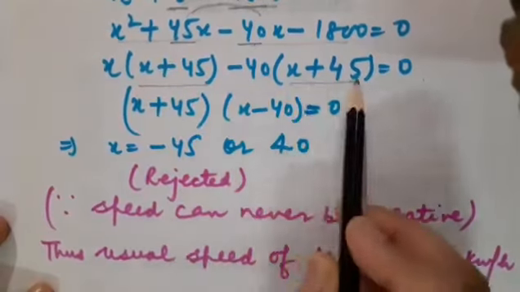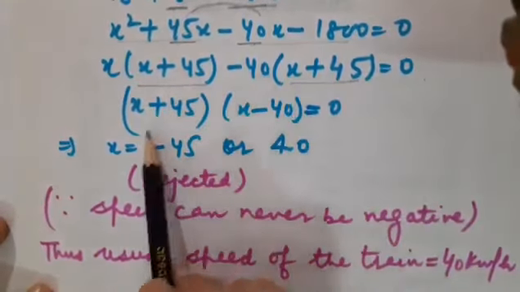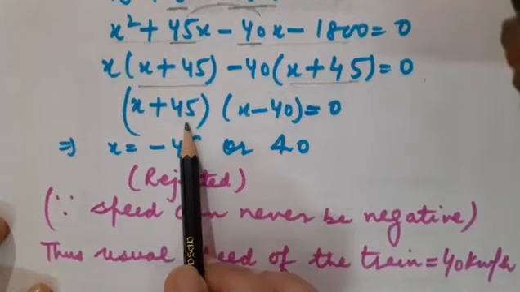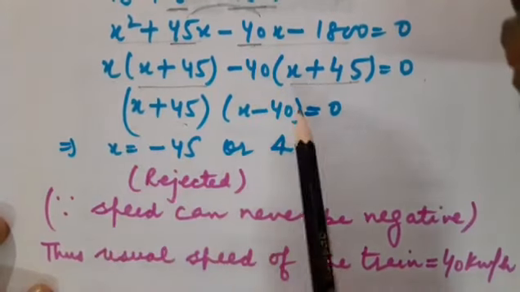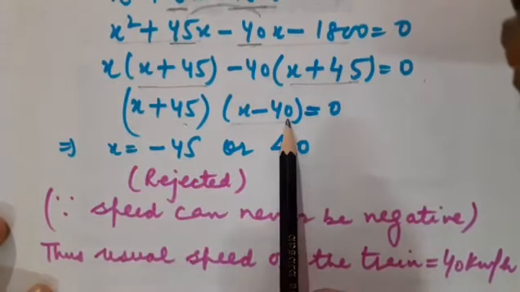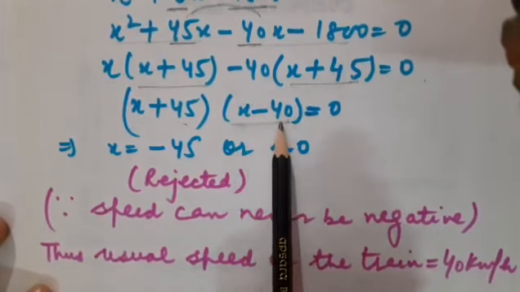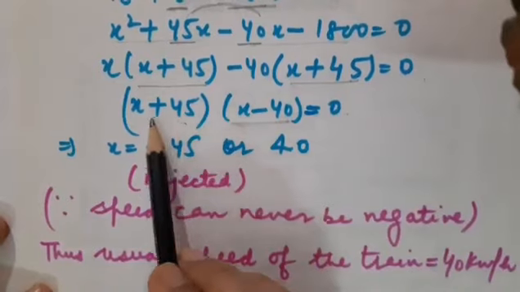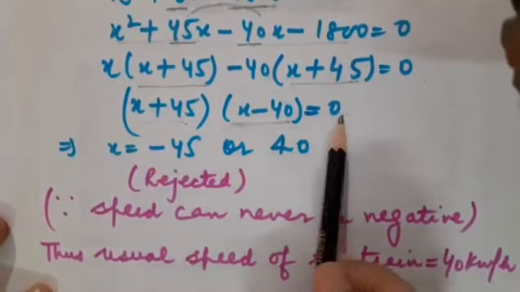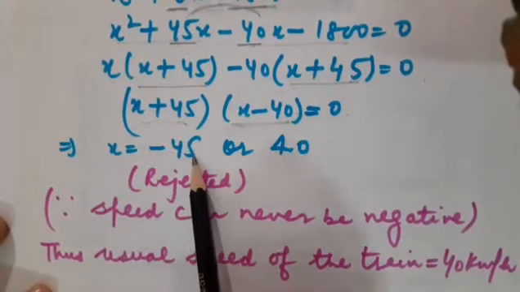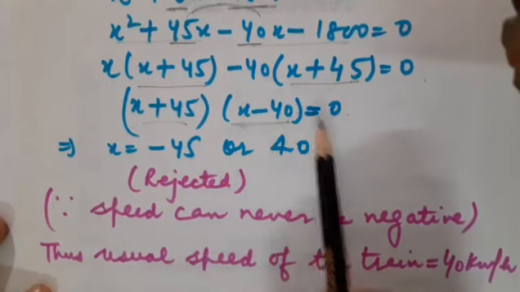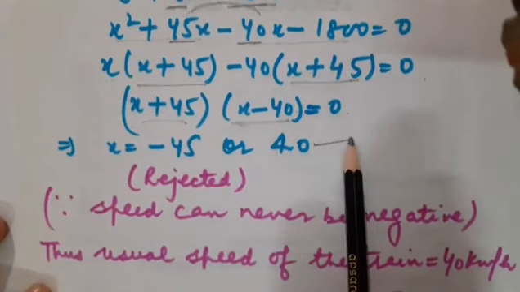So x plus 45 is common. So I am going to take it as common, that is x plus 45, and what is left in the next expression is x minus 40 is equal to 0. Now equating both the expressions to 0, here I have got x is equal to minus 45 and here I have got x is equal to 40.